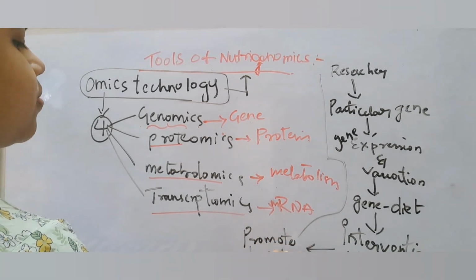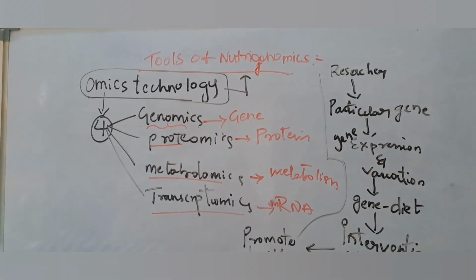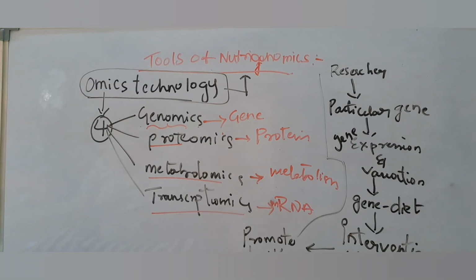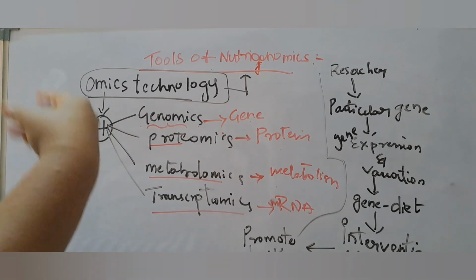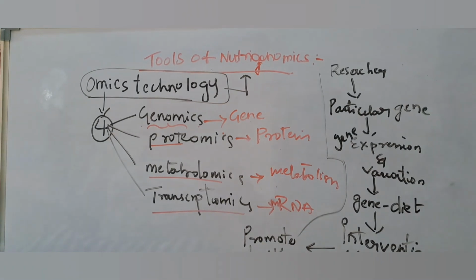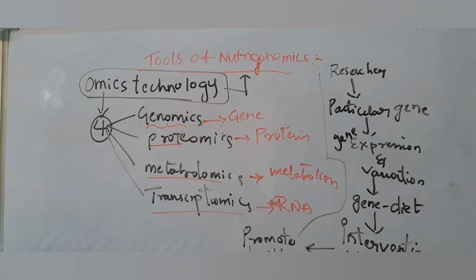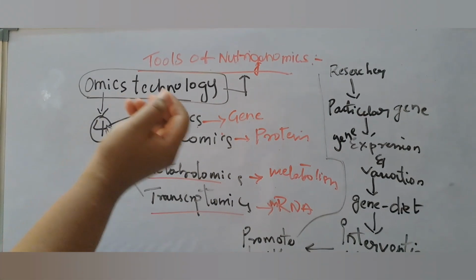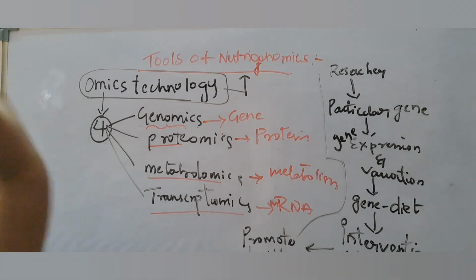For this I'll tell you one example. If a person is suffering from lactose intolerance, that means he can't drink or eat any dairy products, any milk or milk products, or anything linked with dairy. So what will the researcher do? Researcher means anyone: either the lab technician, the dietitian, the nutritionist or the RD.